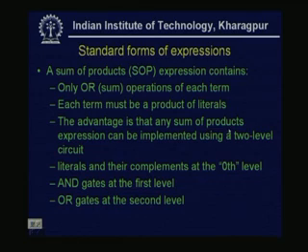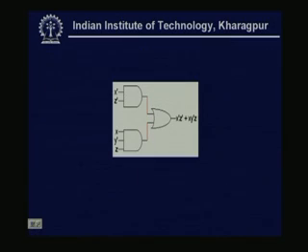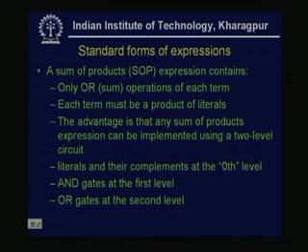The advantage is that a sum of product expression can always be implemented using a 2-level circuit. Just now we have seen one example. This is a standard form, a sum of products, x dash z dash plus x y dash z. Always this can be represented by AND-OR gates.